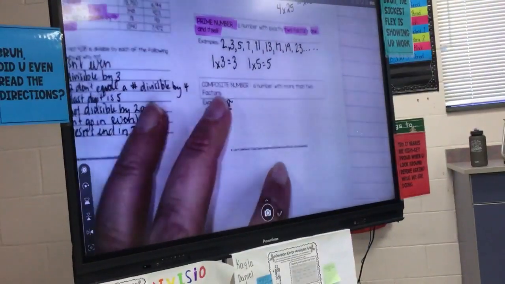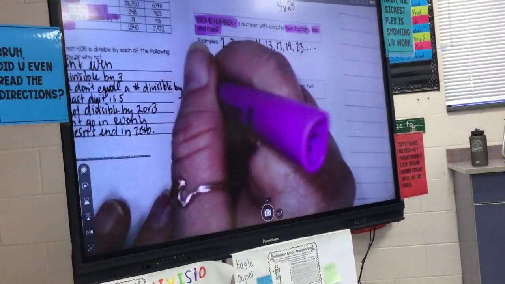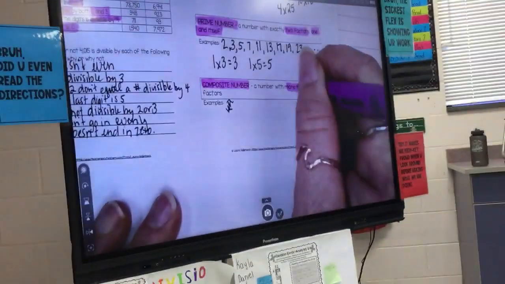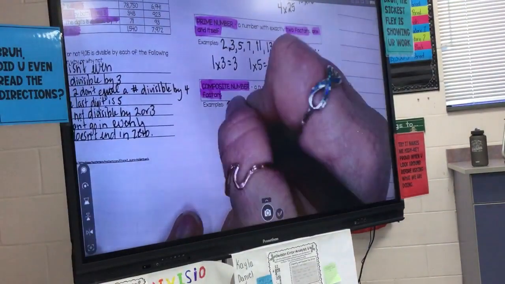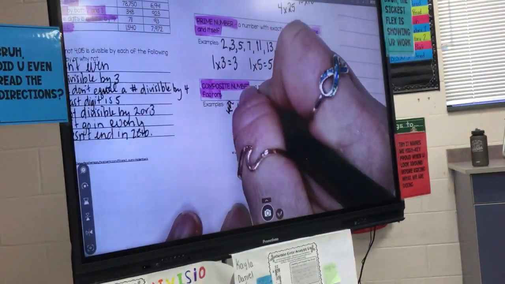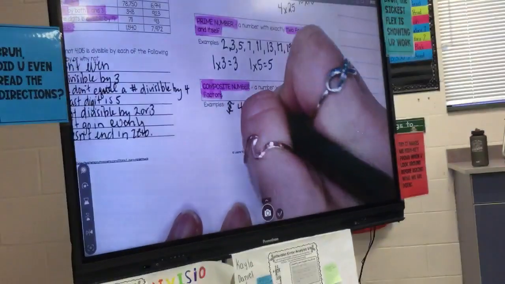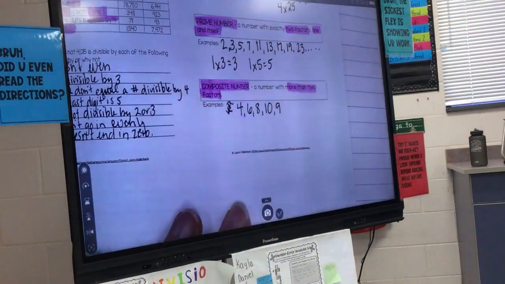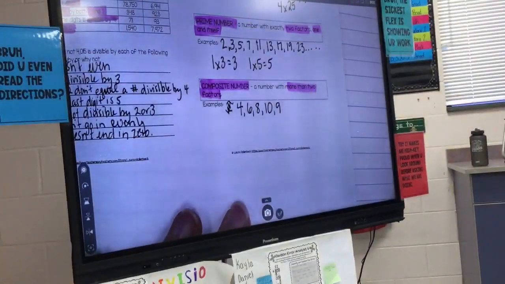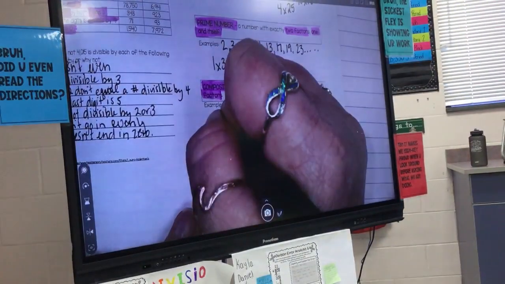All right, a composite number is a number with more than 2 factors. So we obviously have 4, 6, 8, 10, 9. Why does 9 work? Right, so I'm going to use 9 as an example.